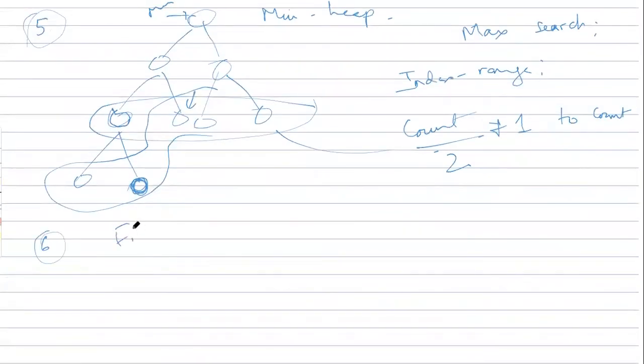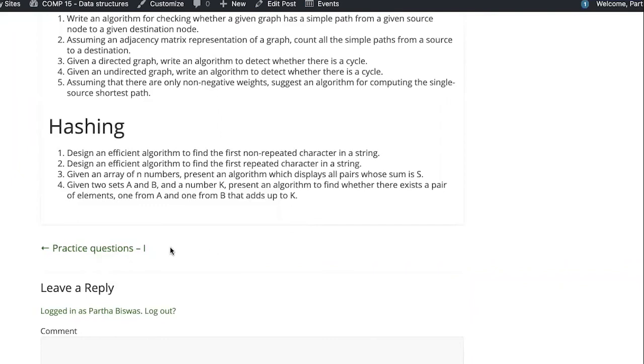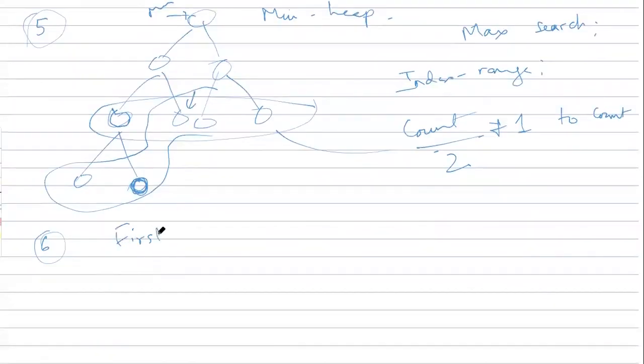So first, what does it say? First non-repeated character in a string. So typically the character set happens to be total 256, right? And that's what we want to take advantage of here.